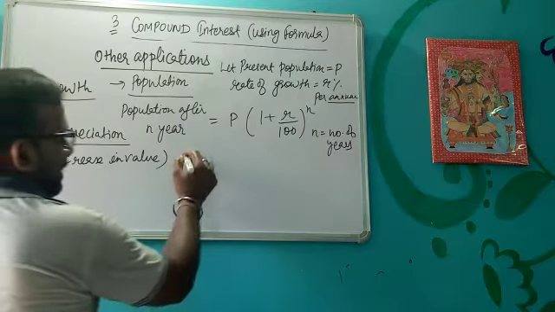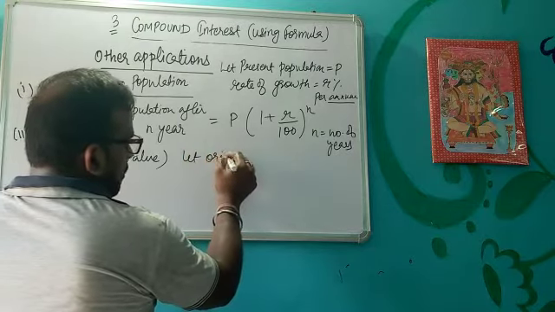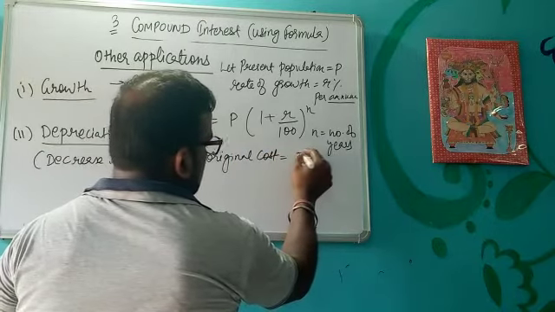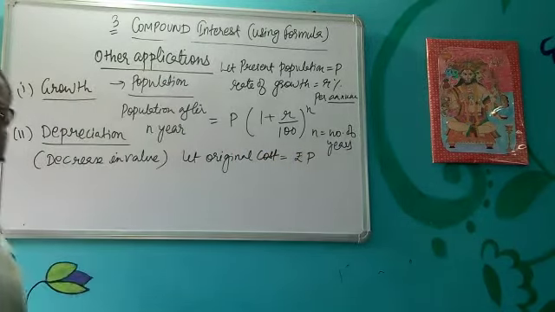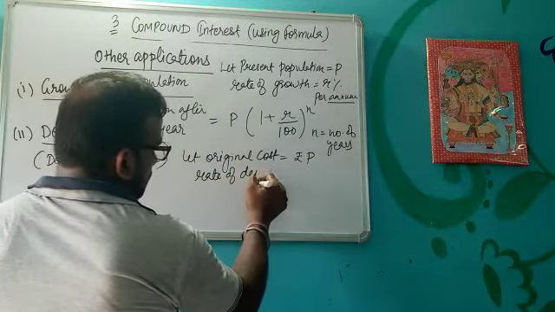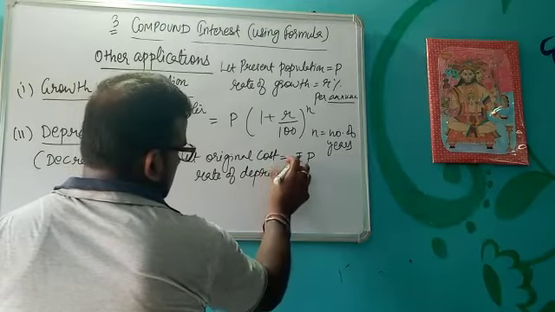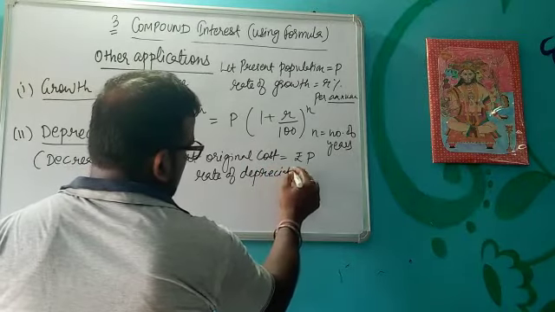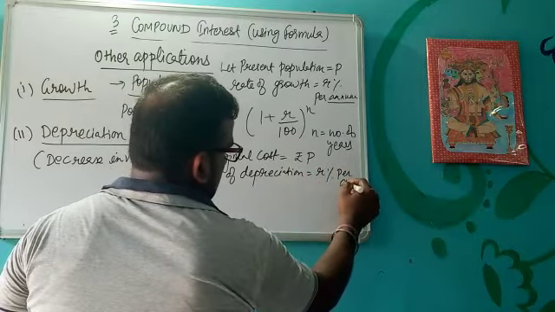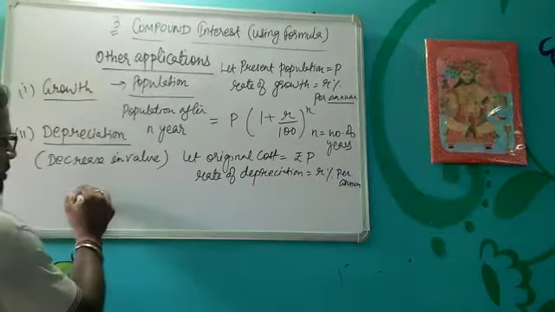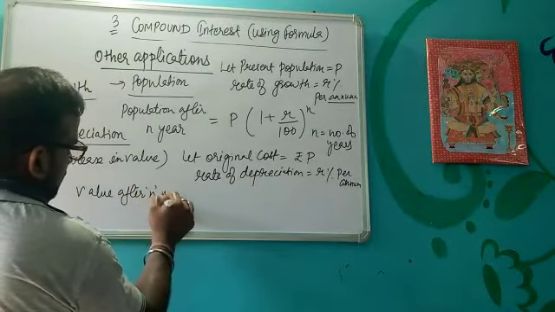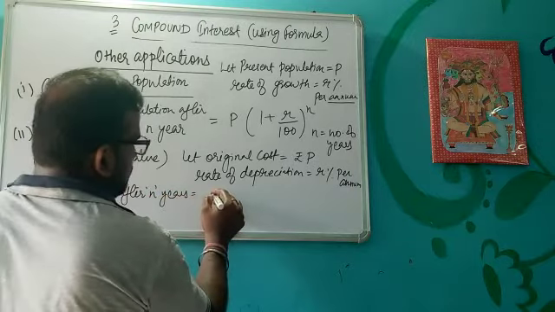For example, let the original cost be rupees P and suppose the rate of depreciation is R% per annum. Then the value after n years will be how much?